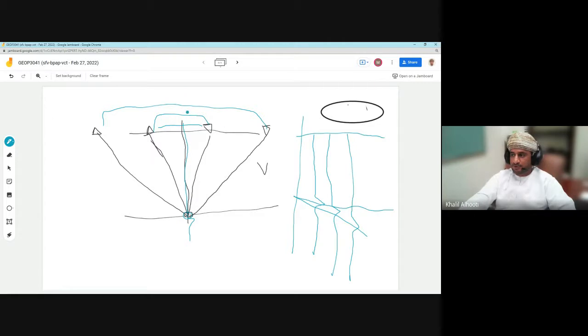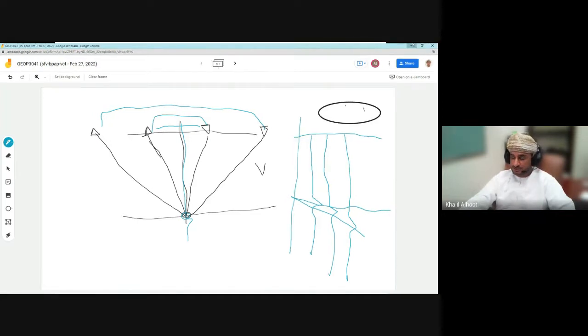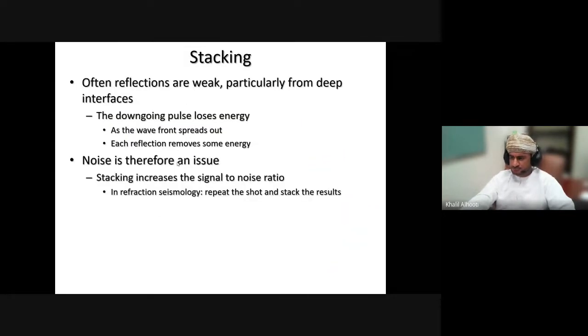So the configuration or CMP survey helps in many ways. One of them is increasing the signal to noise ratio, determining the velocities, and producing a better image of the subsurface. So that's how it works.